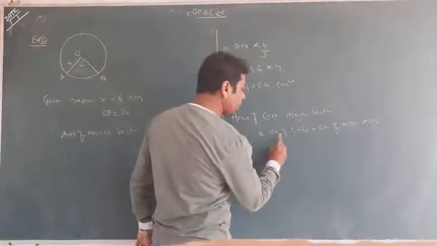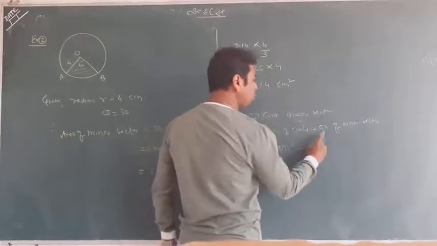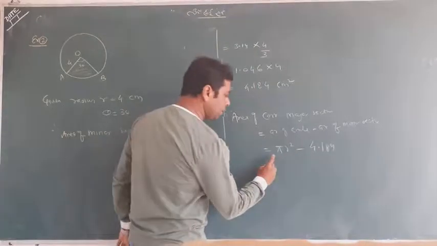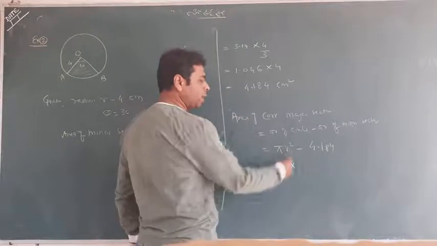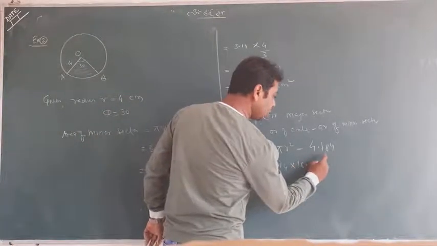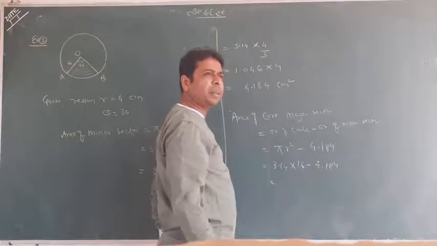So what is the area of the circle? You know it, pi r square. And the area of the minor sector we already found, 4.184. So don't do the hard work for that. And go on. This is 3.14, pi value is given. R square meaning 4 square, 16, minus 4.184. Now one can do it easily. It's a simple calculation.